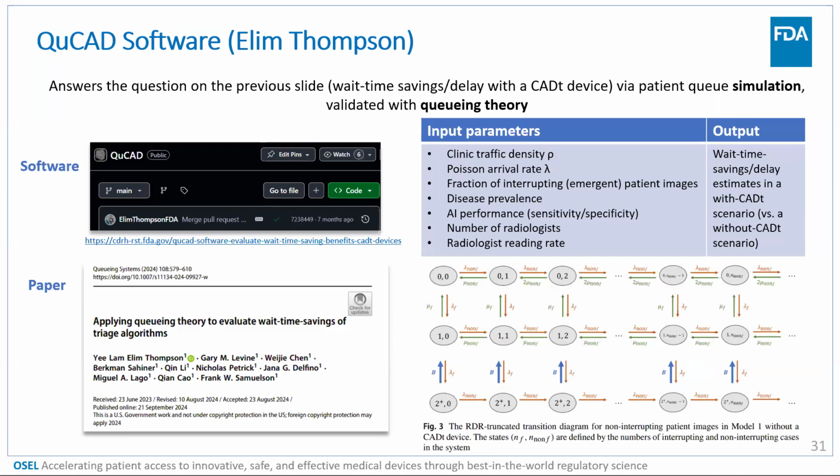So she developed this software called QCAD that does just that. It takes these input parameters: traffic density, arrival rate, fraction of interrupting patients, AI performance, disease prevalence, number of radiologists, and reading rates, and then outputs wait time savings and delay estimates in a with-CAD-T scenario versus a without-CAD-T scenario.